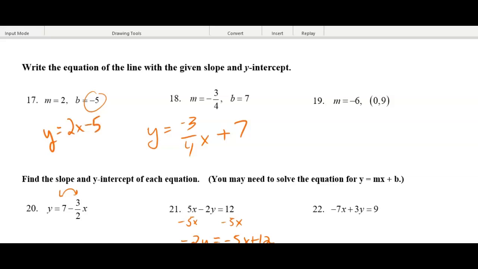Notice the difference between what makes it negative, what makes it positive. And this threw a couple of you for a loop, and I'm going to explain this, and you're going to be like, oh, this is just a point, x and y. Where is 0, 9 on a graph?